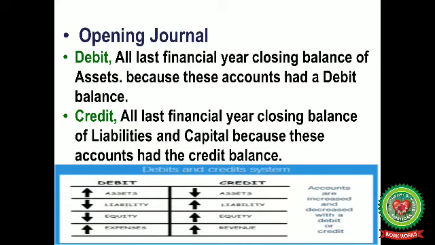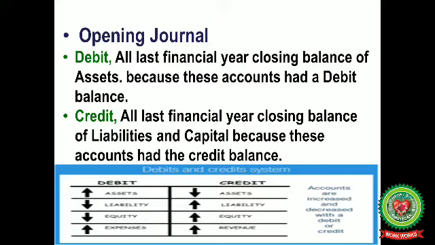Now, in opening journal entry, we have debits and credits. Debits are all last financial year closing balances of assets, because these accounts had a debit balance. Credits are all last financial year closing balances of liabilities and capital, because these accounts had a credit balance.